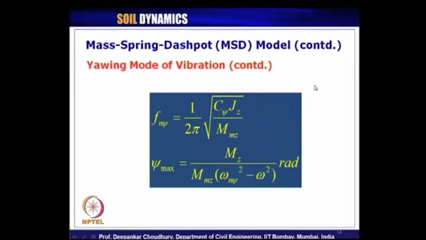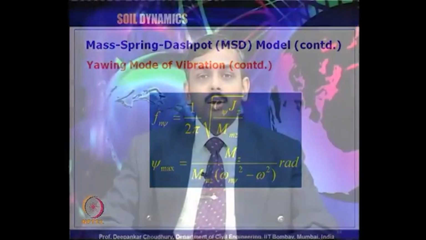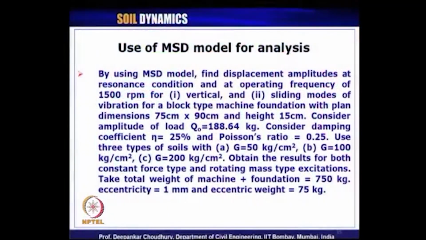So, with this background, now let us start solving another model design problem for all these modes of vibration using this mass spring dashpot model, or MSD model. Let us see the problem statement. It says: by using the MSD model, find displacement amplitudes at resonance condition and at operating frequency.